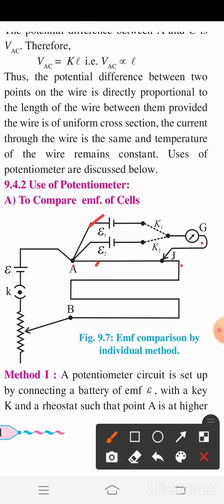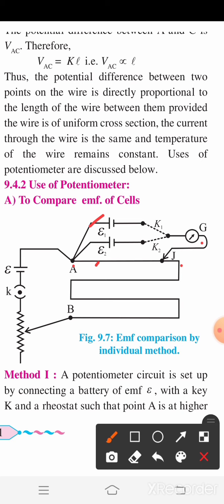Using that setting, we can compare the EMF of two cells using this method. So how do we compare the EMF of two cells using this method? That is the working of the potentiometer instrument to compare the EMF of two cells using the individual cell method.